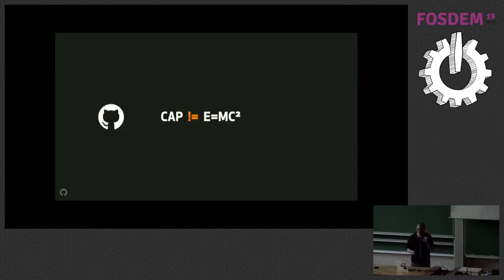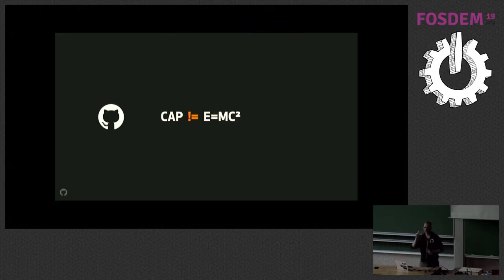And that's the dirty little secret of CAP. It does not have the power of E equals mc squared. Imagine NASA wanted to send a spaceship that goes beyond the speed of light. Imagine this brilliant engineer stepping up and saying, I know, I'm going to make a trade-off.